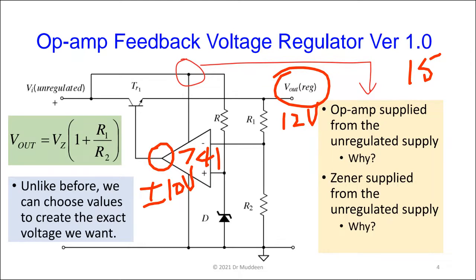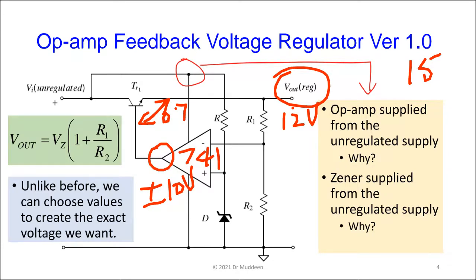I'm trying to regulate 12, so I need the op amp to get as close to 12 as possible. Remember, the difference between here and here is 0.7 volts, so the op amp has to be at least 0.7 volts higher than the output here. And if the highest I could get is 10 volts with a 12-volt supply, it is not going to work. So that's the first reason.